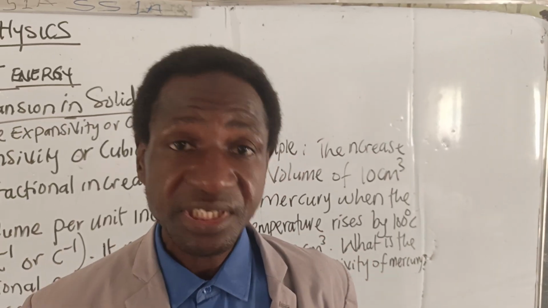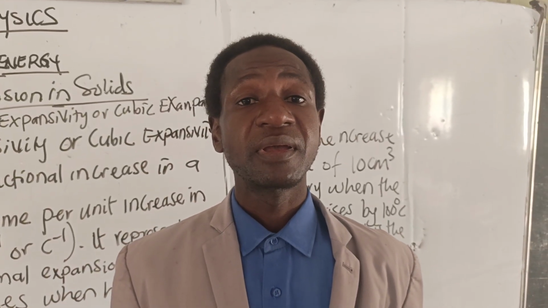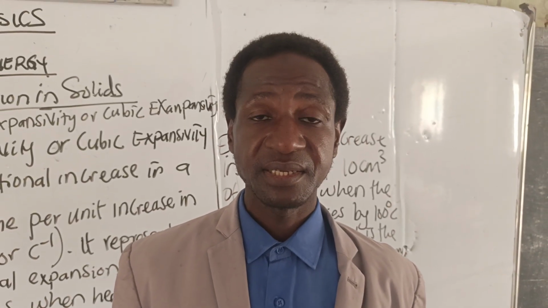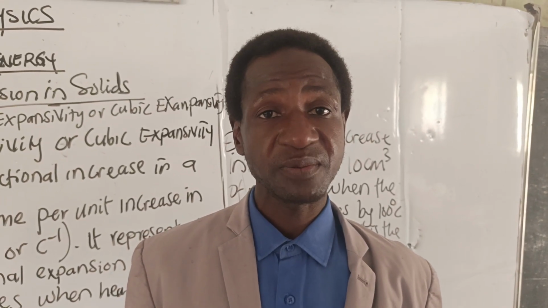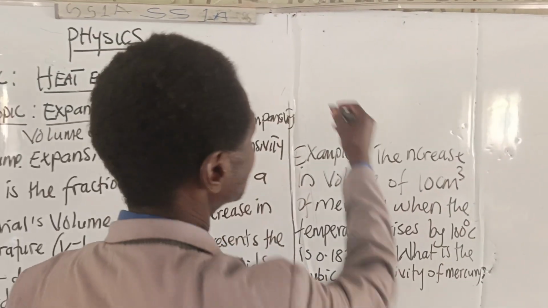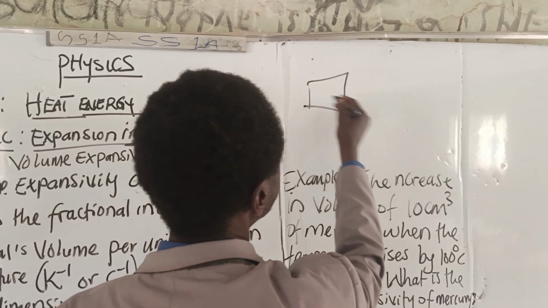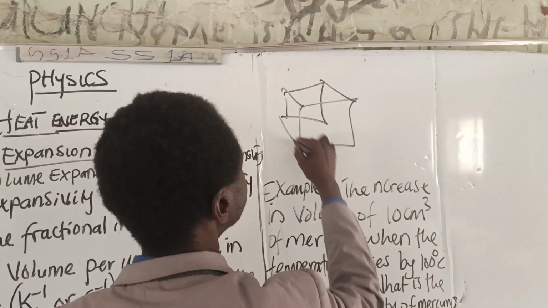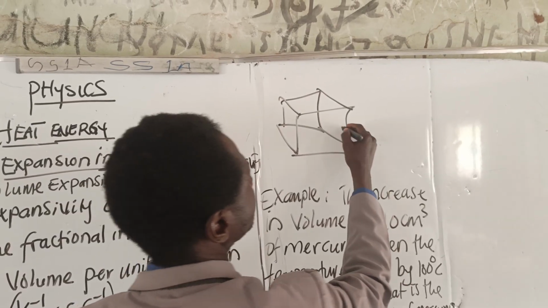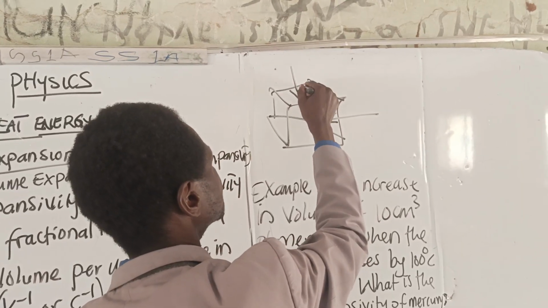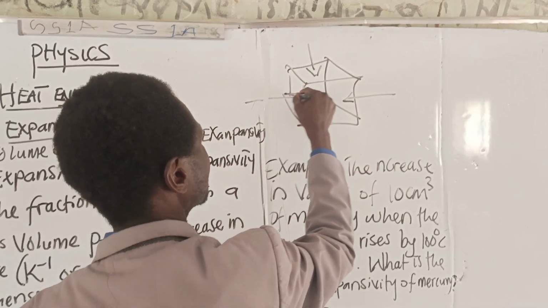It represents the three-dimensional expansion of solid, liquid, or gas. For example, if we have a box like this, there is the dimension at the front, the dimension at the top, and the dimension at the side.